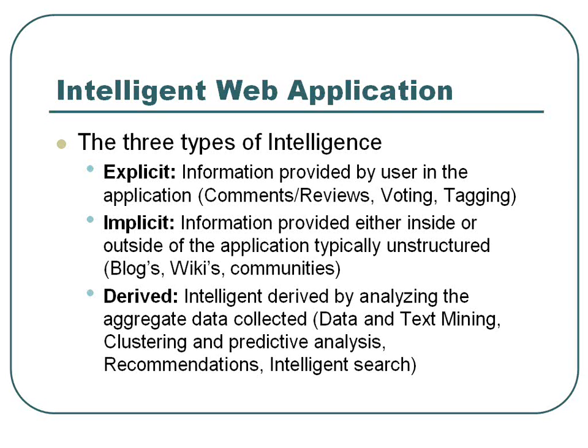Next is derived intelligence. This is all the intelligence which comes after aggregating the data collected by data mining or text mining, by doing clustering or predictive analysis, by recommendations and intelligent search.